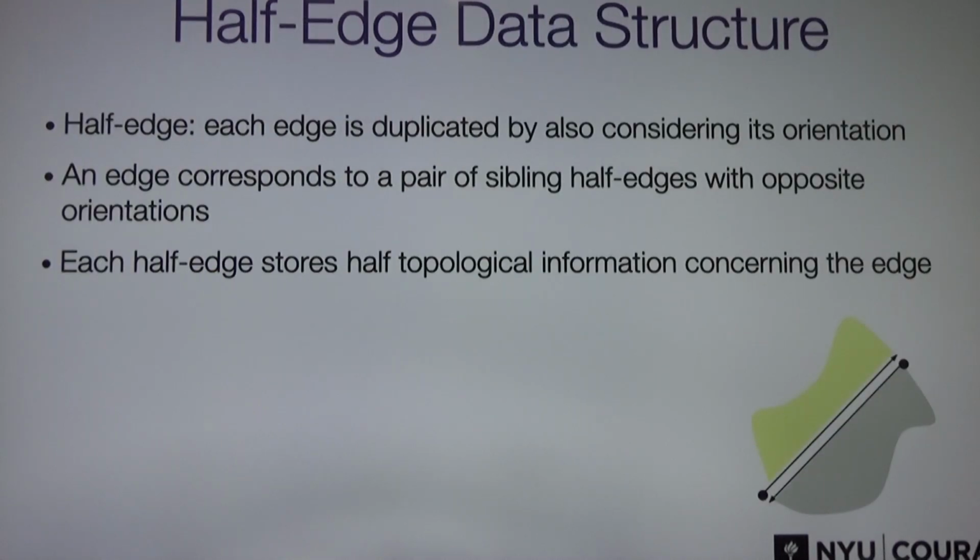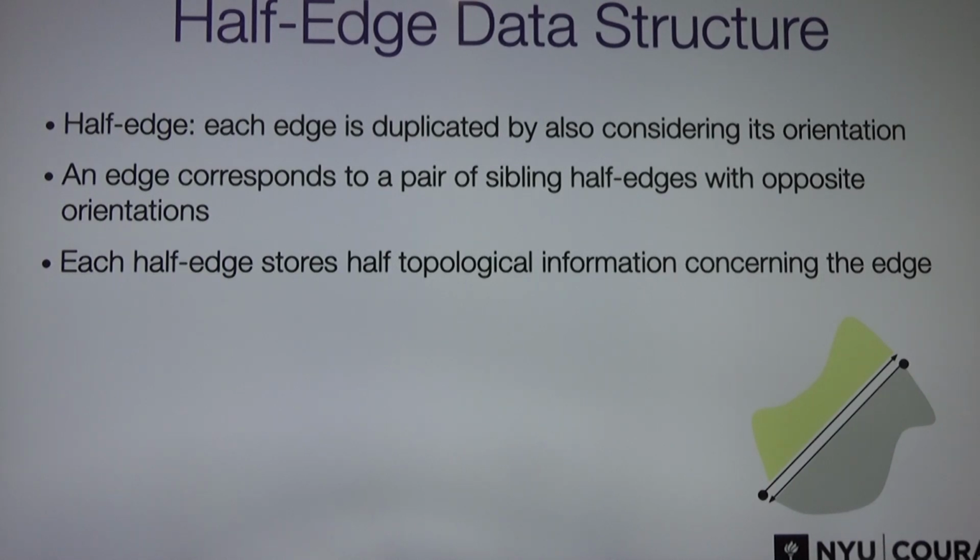And also there has been this half-edge data structure. So half-edge is, imagine you have this triangular mesh and you want to also store an orientation. By orienting edges, it is possible to implicitly encode this orientation also.